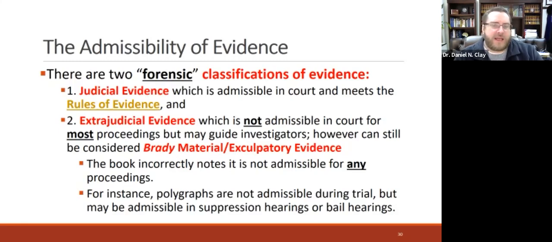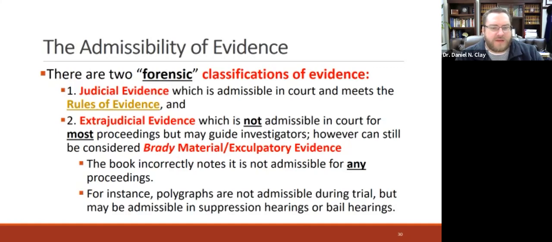It's considered Brady material. There's a famous case: after Ronald Reagan got shot, his press aide, Brady, was gravely wounded, and the federal government passed the Brady Act, and there are all kinds of other factors that go into it.